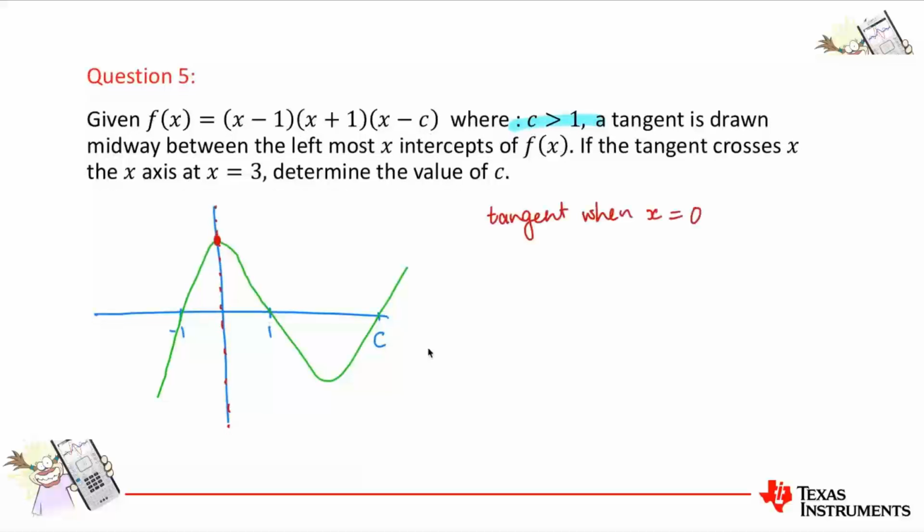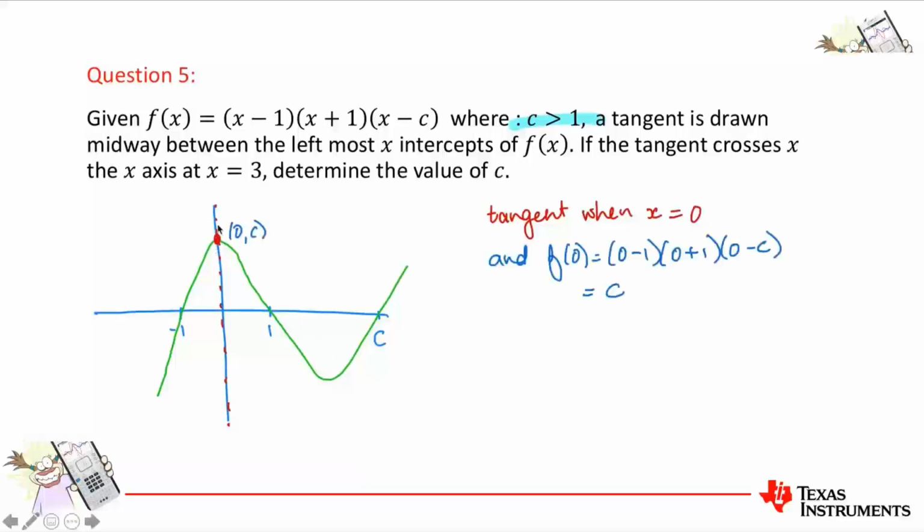What else I know about this graph is that there is a tangent when x is 0. So I've established that midway between minus 1 and 1 is where x is 0. So my tangent is drawn when x is 0. To find that value when x is 0, substitute into the original function, and you'll find that when x is 0, the y-intercept there is c.